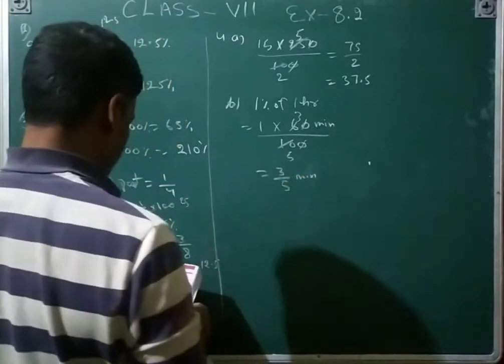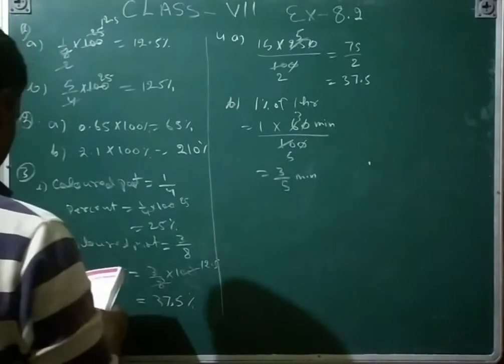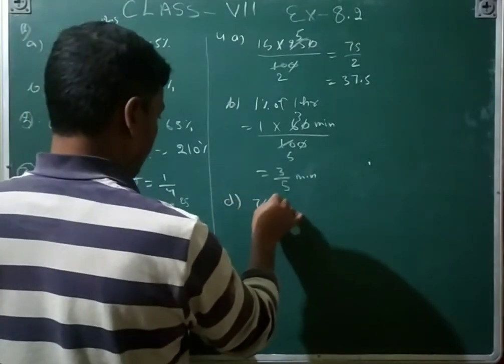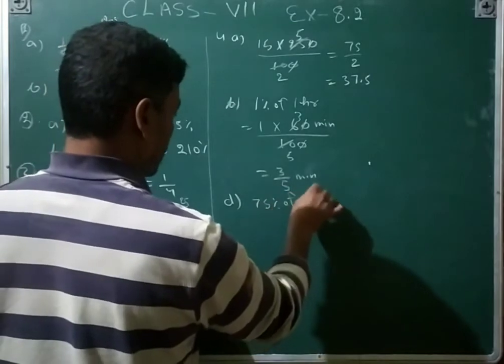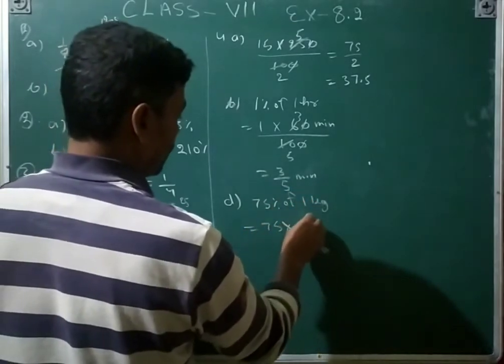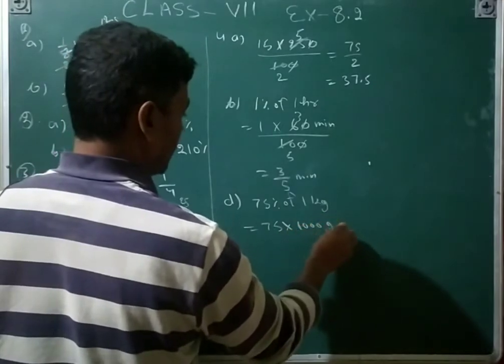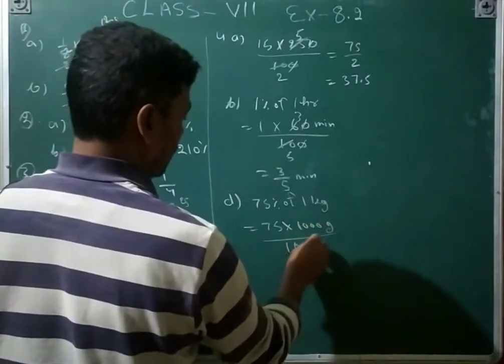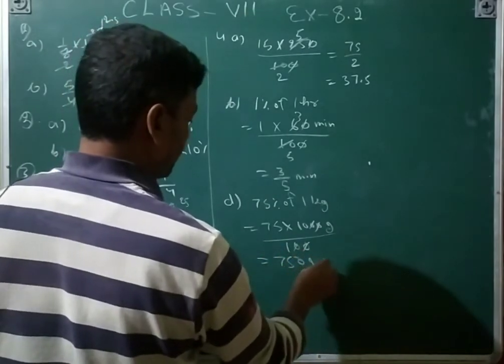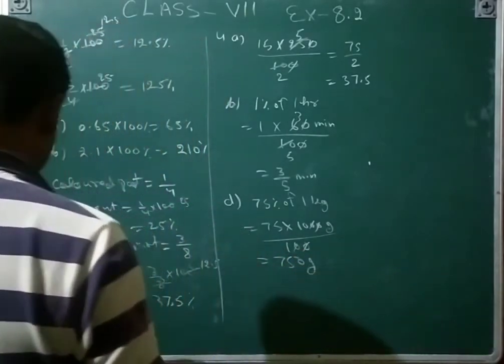And then C part you can do, D part also. See the D part, here is given 75% of 1 kg. So that will be 75 into 1000 gram upon 100, 2 0 cancel by 2 0, so that is 750 gram. We can write like this also.